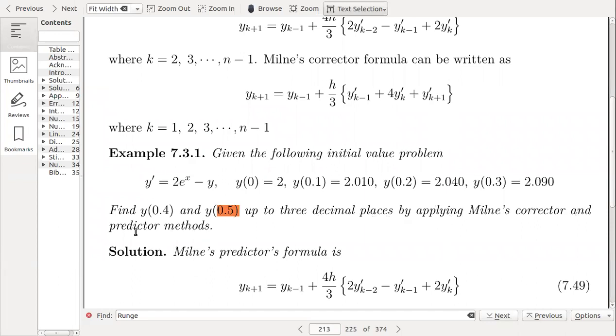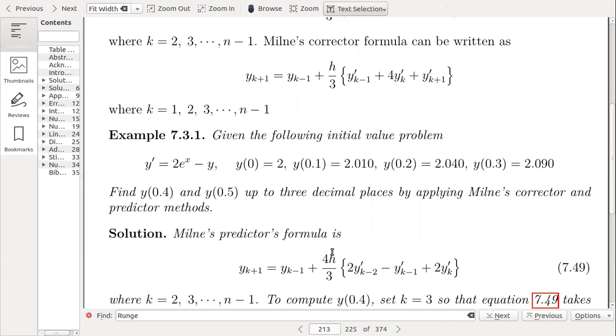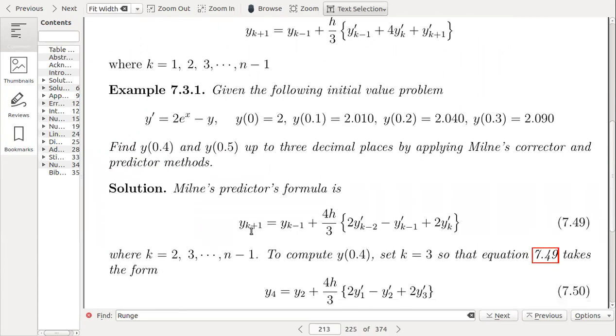Here Milne's predictor formula can be rewritten again: y(k+1) equal to y(k-1) plus 4h by 3 into 2 y prime(k-2) minus y prime(k-1) plus 2 y prime k.